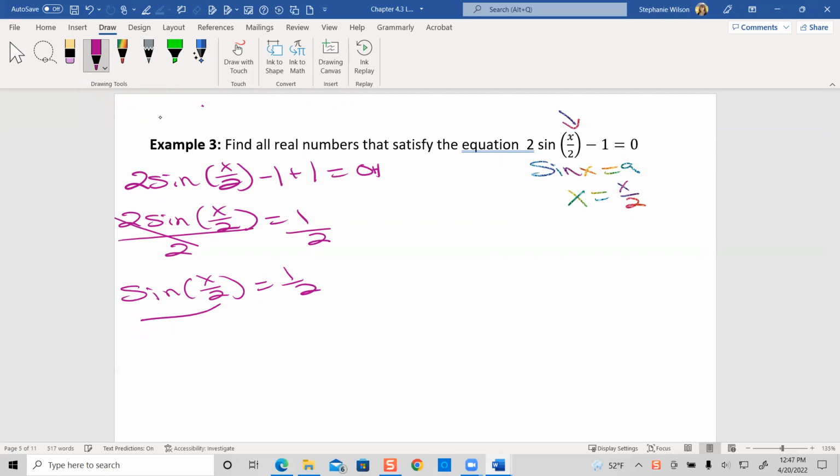And we need x out front, so I'm going to have to take the inverse of sine. And when I do that, I find out what is sine inverse of a half. We know that sine inverse of a half is s. That's what's going to be our s.